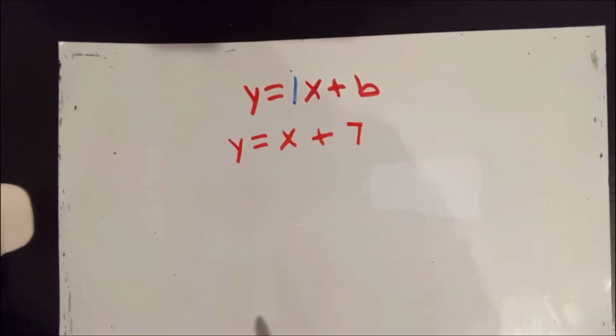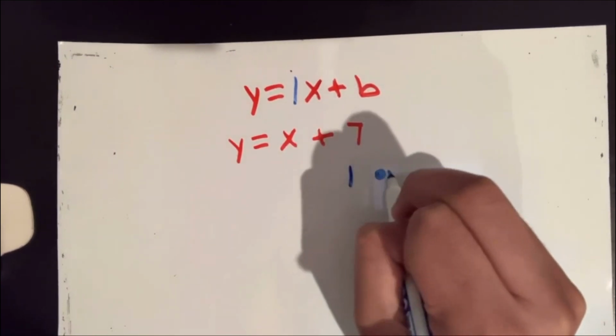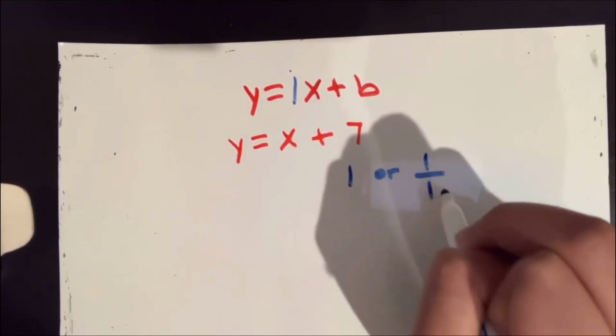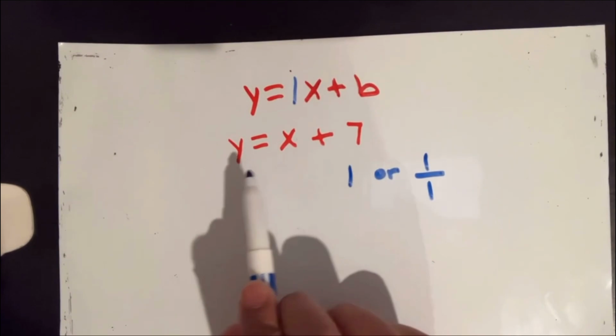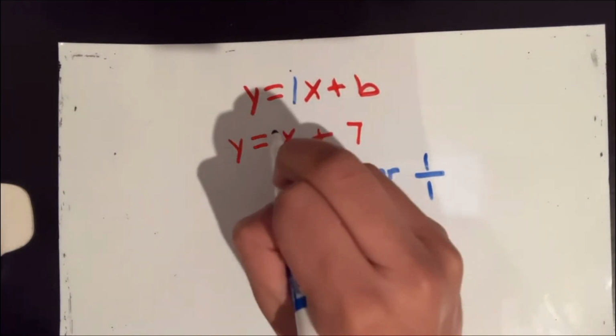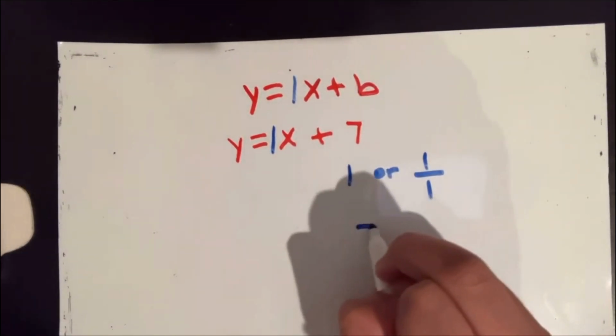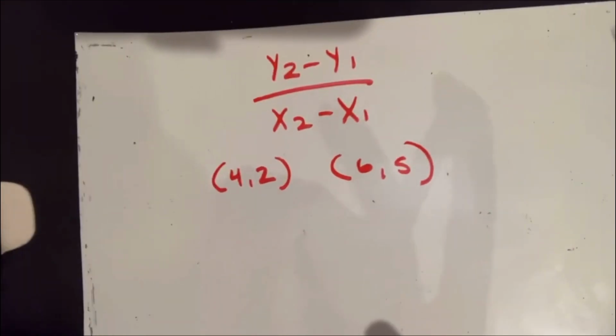When you have the equation y equals x plus b, then your slope is automatically going to be 1, or 1 over 1. So, in y equals x plus 7, what would our slope be? 1. What about the y-intercept? 7.